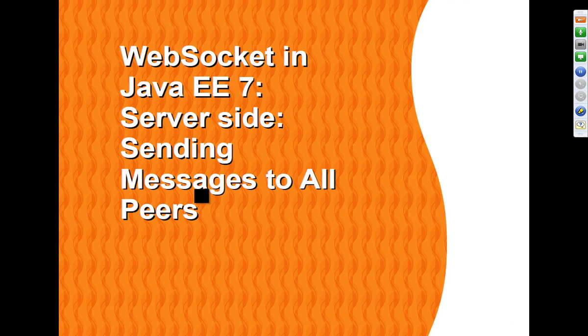Okay, so that is the case where you are sending data to your communicating partner, right? Now, as I said before, WebSocket is used mostly when you want to send messages to all participants. So in this case, the server side is sending messages to all peers.